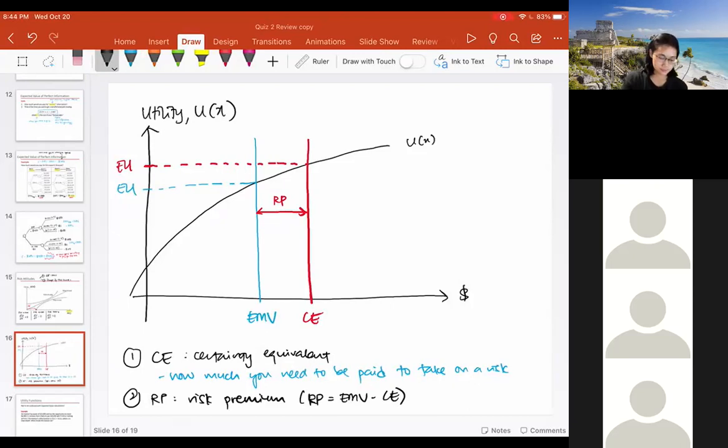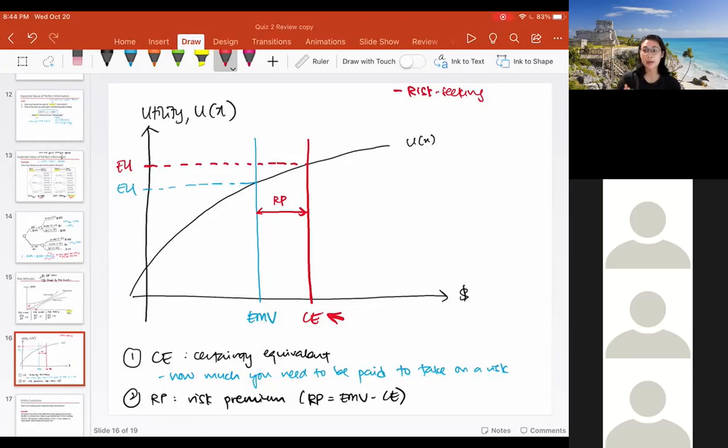If you are risk seeking, you are more certain than your typical neutral guy that you're going to have a higher return on investment. So you want to take that risk. You are willing to pay to take that risk. You're willing to lose a little bit of money. So that's why your RP, your risk premium, is negative. You're willing to lose a little bit of money to take that risk because you want that risk.